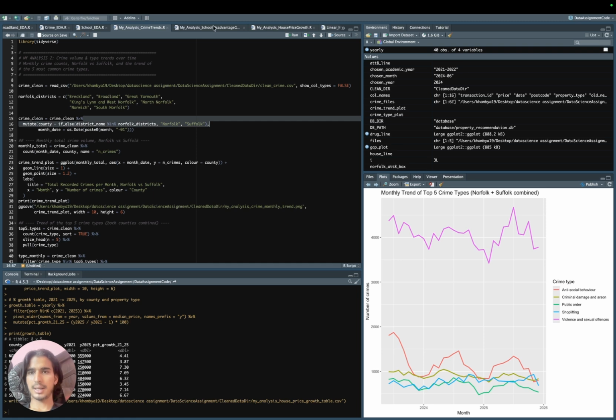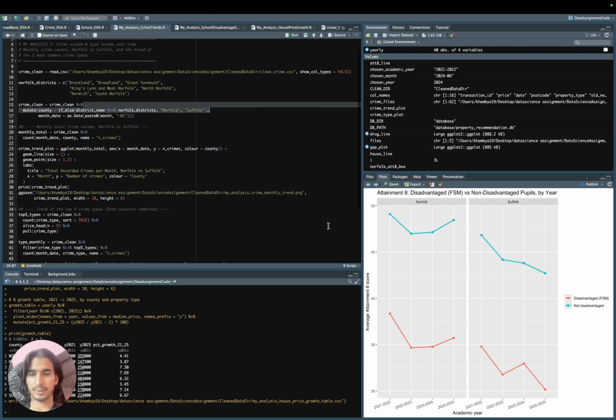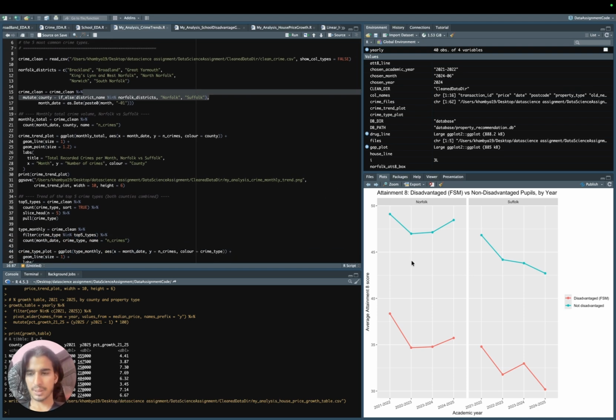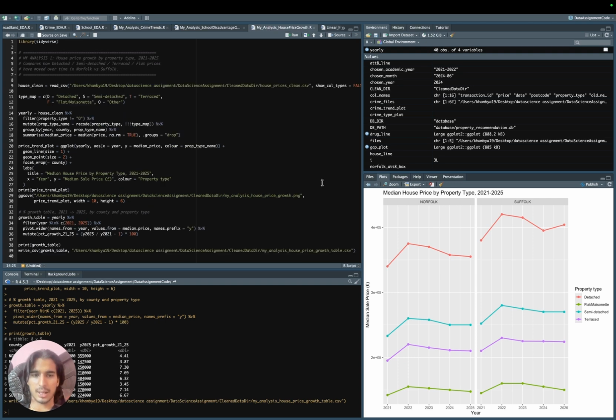Secondly, I looked at the school attainment gap between disadvantaged and non-disadvantaged pupils, and found that this gap, around 10 to 13 points, has not closed at all between 2021 and 2025.